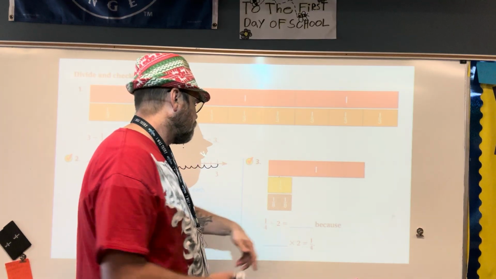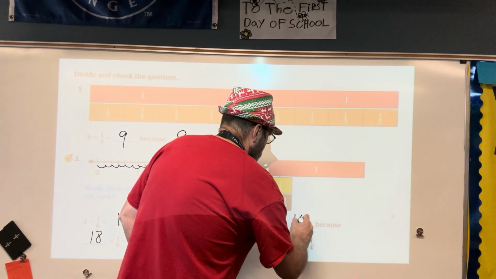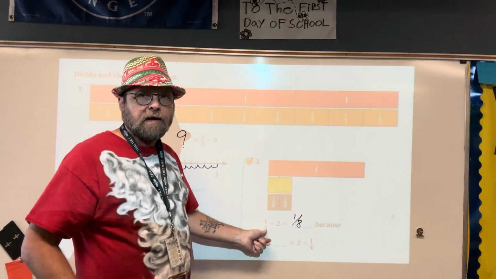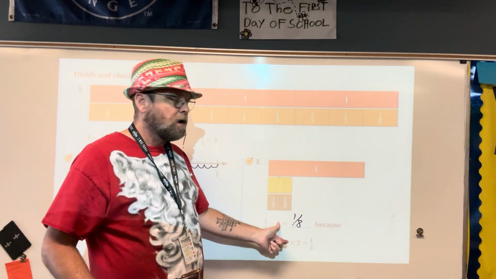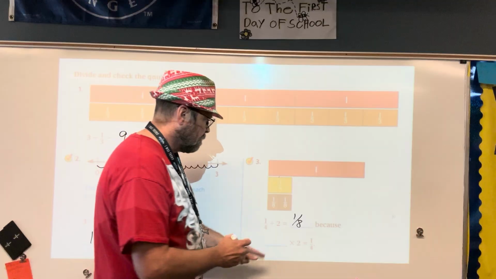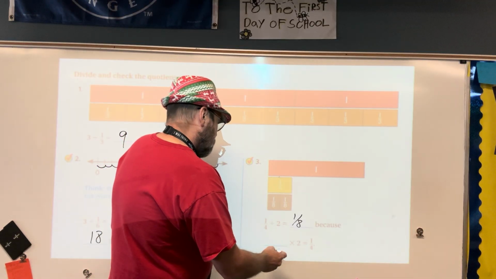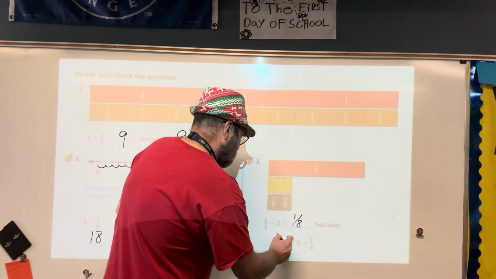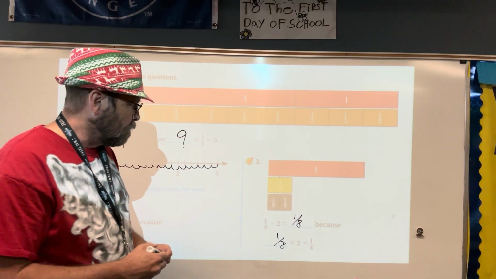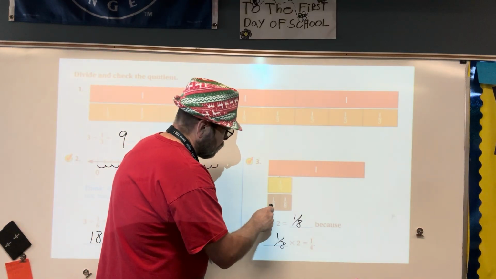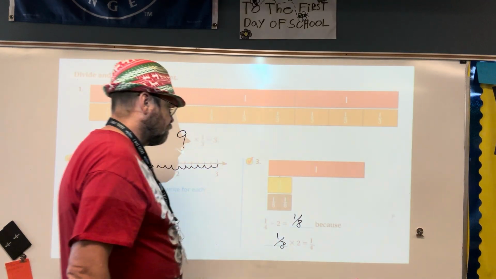So 1/4 divided by 2 is 1/8, because if I'm dividing a fraction by a whole number, I'm going to get smaller pieces, which means 1/8 times 2 is going to give me 1/4. 1/8 plus 1/8 is going to equal 1/4.